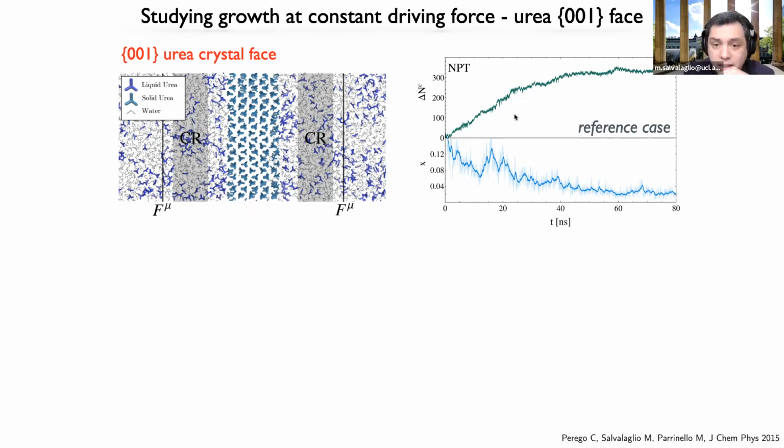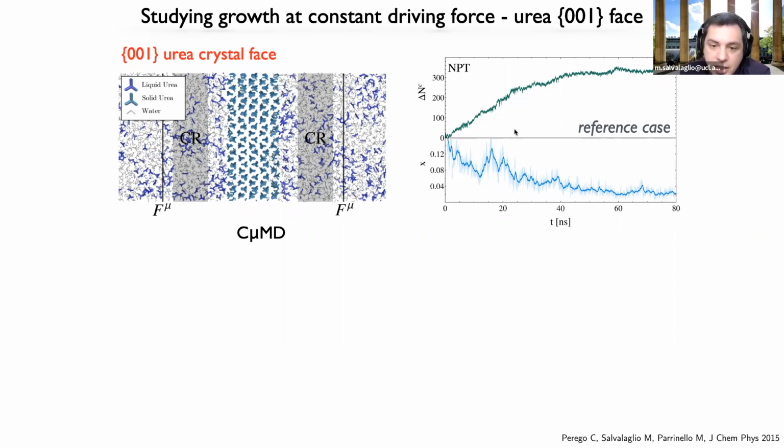And here on the right, you have a reference case of a simulation performed with this configuration under normal NPT conditions. So basically, in this case, we are looking at this delta N_C here, which represents the number of molecules that are incorporated in the crystal as a function of time.